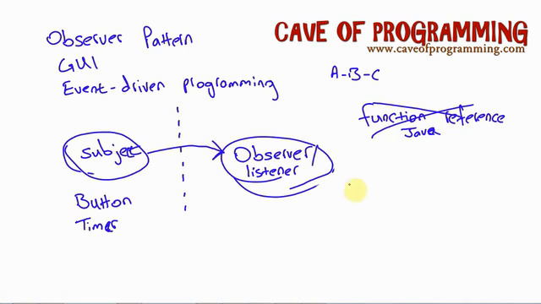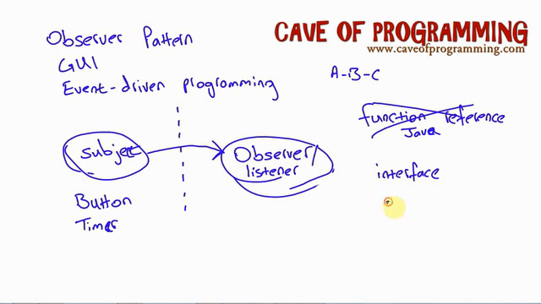In Java, the way we do it is, if we want to run a particular block of code, and we want to pass that block of code around, we create an object which implements an interface. So we have some interface, and let's take an example.